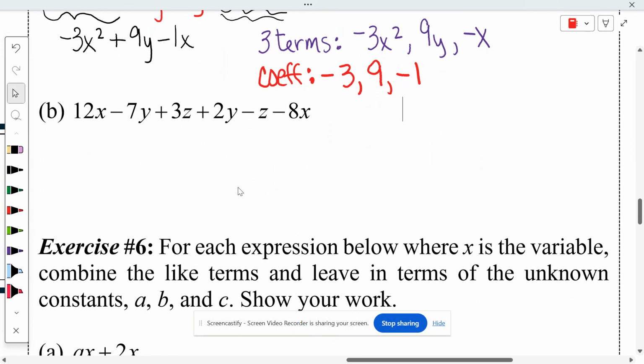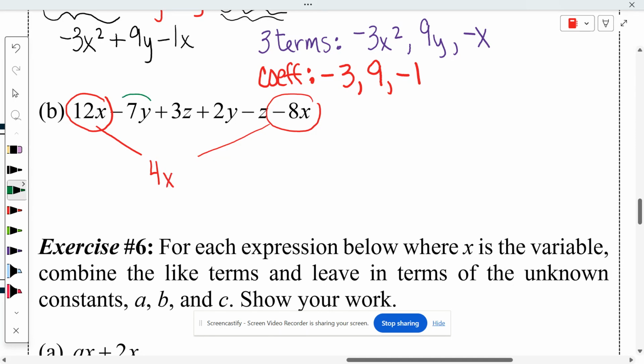Okay, let's go to example B. Again, we are combining like terms. So let's see, I have x to the first power, x to the first power. So I have 12 minus 8, and that gives me, sorry, that doesn't give me a negative, that gives me a positive 4x.